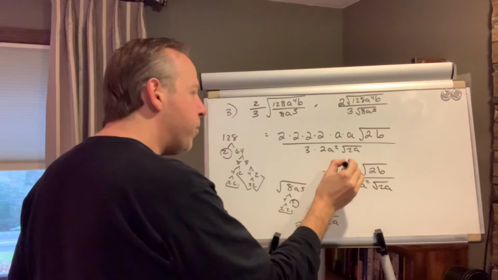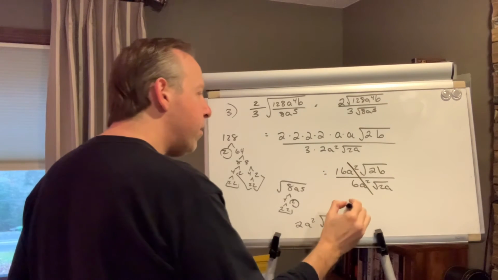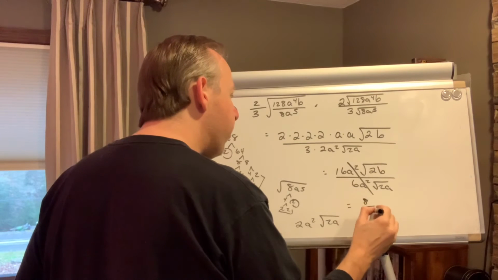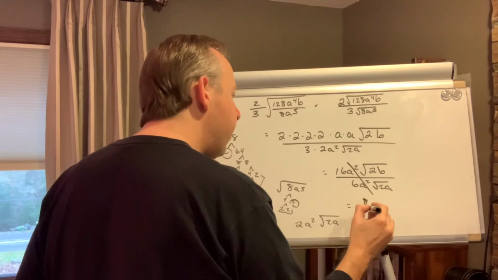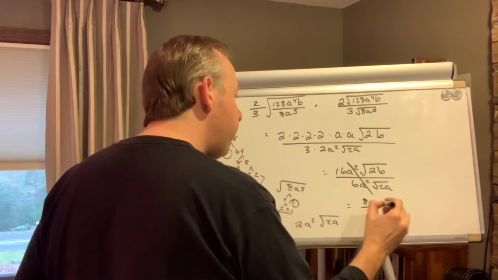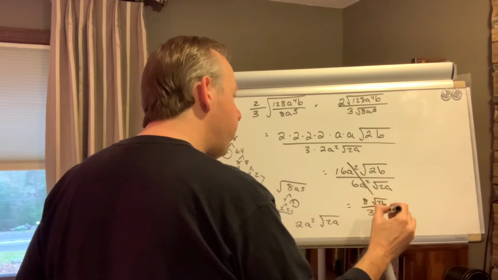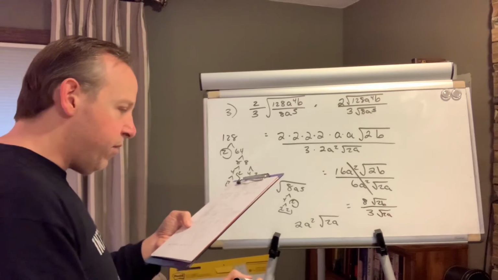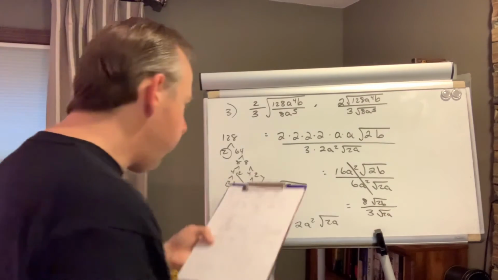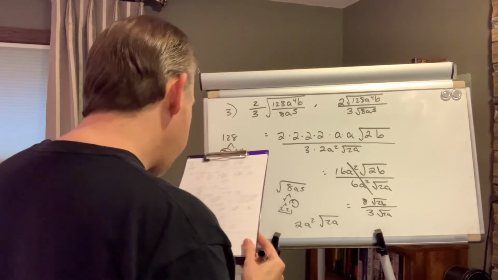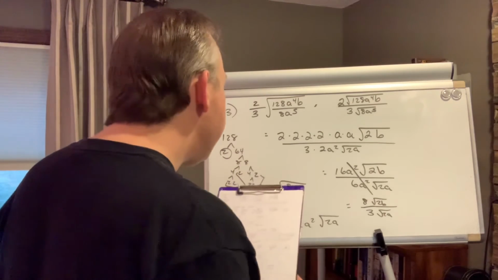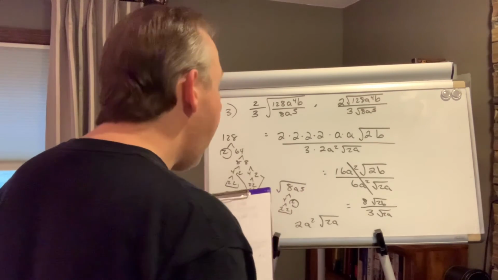A squareds will cancel out. 16 over 6 reduces to 8 over 3, and it's going to be 8/3 radical 2b radical 2a. That is, where did we go? I think it's choice A. Unless I left something out. Oh, didn't leave anything out yet.